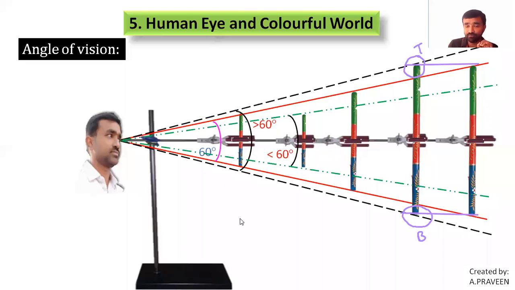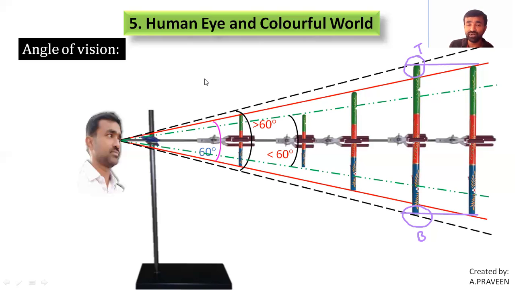So simply, if it is greater than 60 degrees, top and bottom you are unable to see at the same distance. If that angle becomes less than 60 degrees, top and bottom you can see at any distance within the limits. So what your eye can estimate is with this angle.